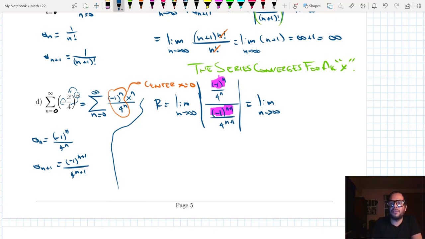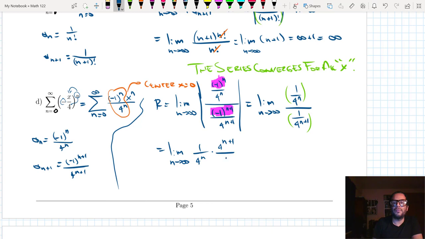and be left only with 1 over 4 to the n divided by 1 over 4 to the n plus 1. Again, we're going to have some sort of a complex fraction. I'm going to multiply by the reciprocal of the denominator. Limit, 1 over 4 to the n times 4 to the n plus 1 over 1.